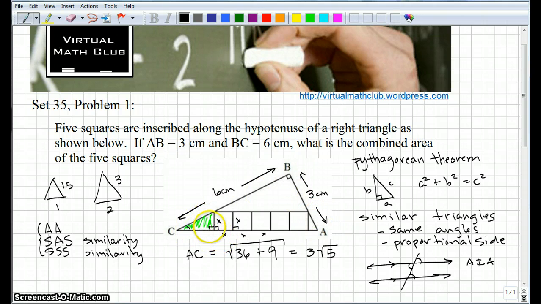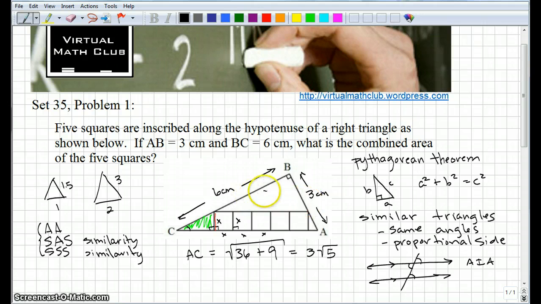Because if two angles are equal, then all three of them are really equal. And so the sides have to be proportional. And we know the long side is twice the short side. If we call this side x, and we know that the sides are proportional, then the length of this side is twice that, because these are similar triangles.